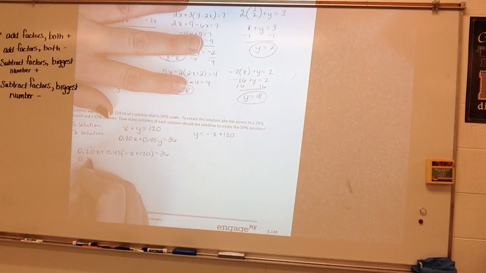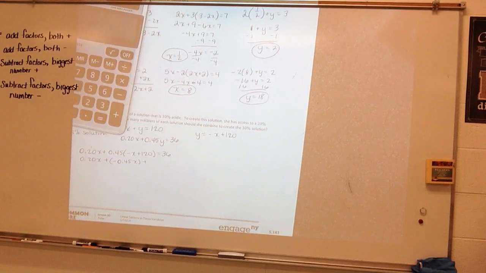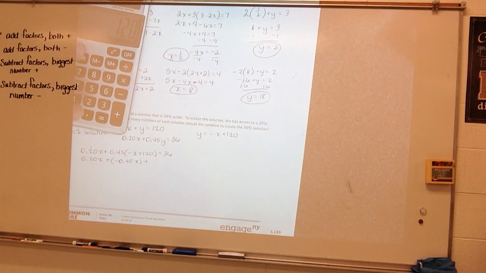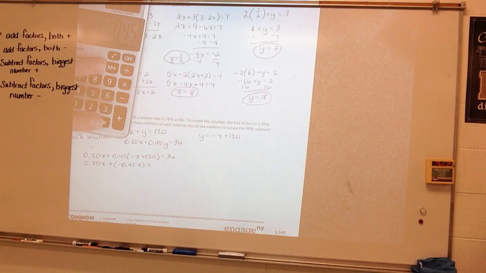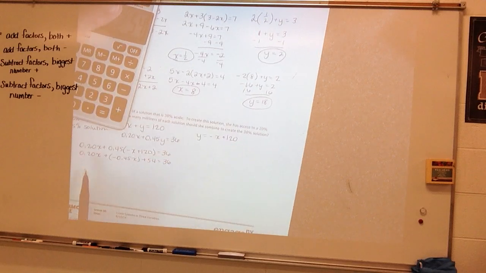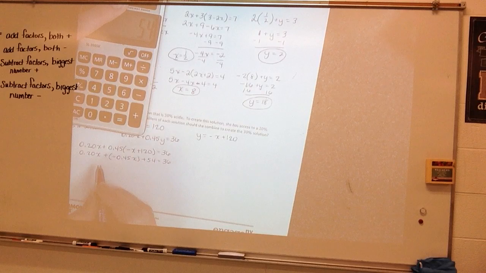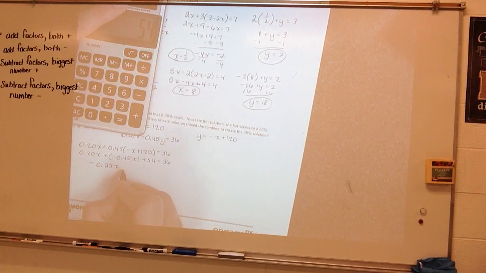Alright, so we'll go ahead and simplify this. I get a negative 0.45x plus, we're going to multiply 120 times 45 hundredths, gives me 54, is equal to 36. Combine your like terms, alright, so I get a negative 0.25x plus 54 is equal to 36.